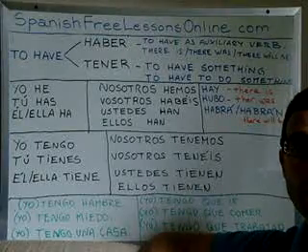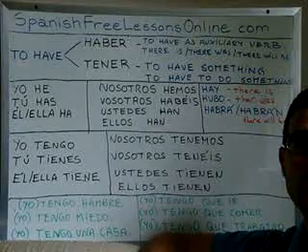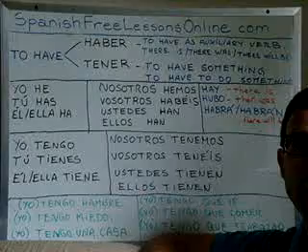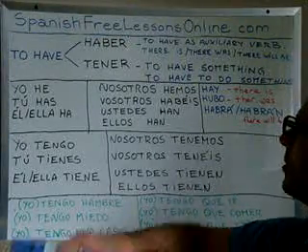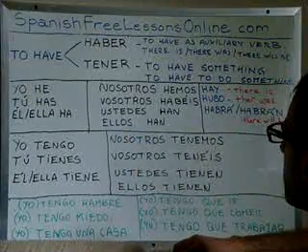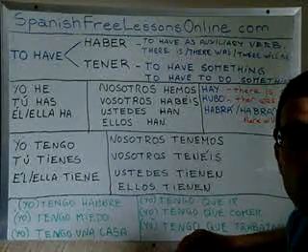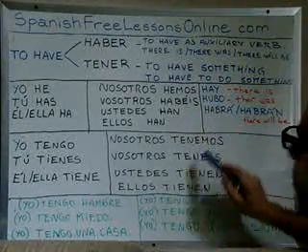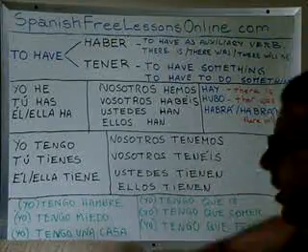Hay un auto. Un is the indeterminate article for singular and masculine, because auto is masculine, yes? So, hay un auto would be there is a car. If we want to say in the past, hubo un auto. Hubo un auto. There was a car.